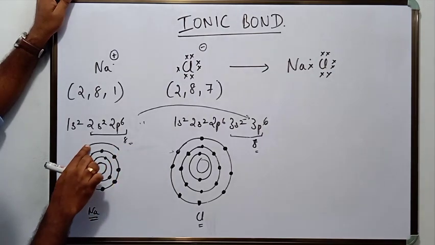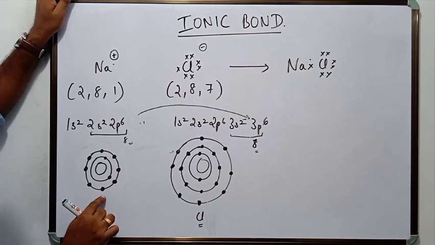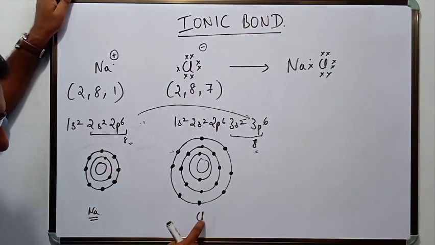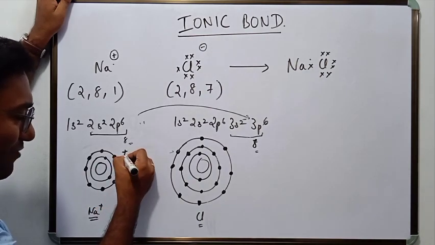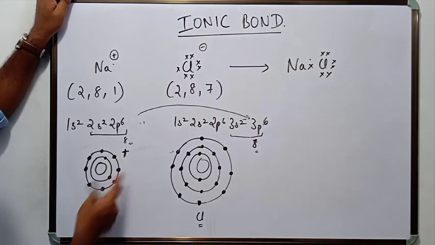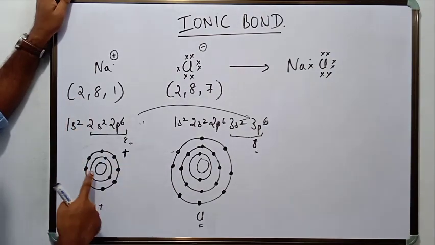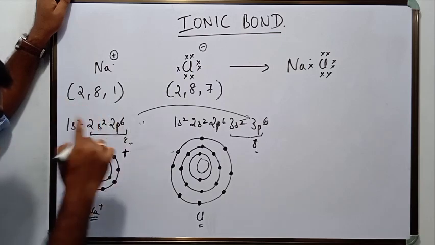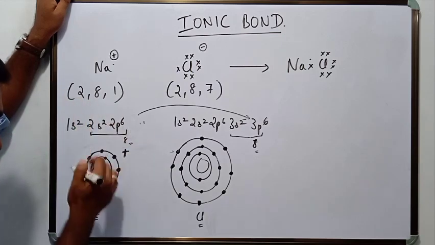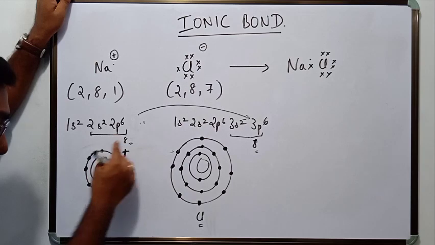There is no electron here. So now there are 8 electrons in the outermost shell of sodium and 8 electrons in the outermost shell of chlorine. Sodium becomes positive. Why? Because before donation the atom was neutral, and the number of protons was equal to the number of electrons.